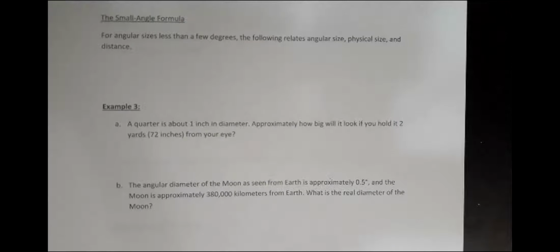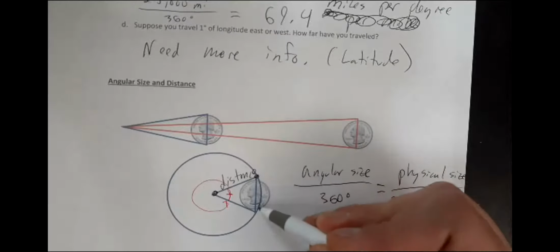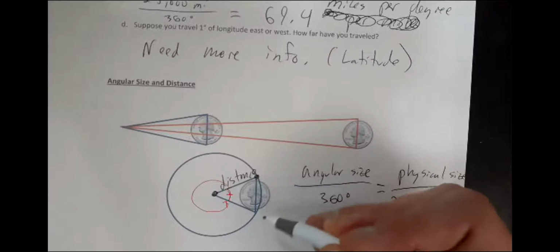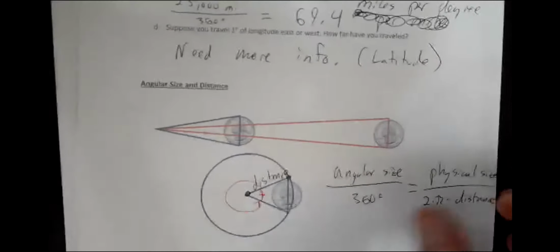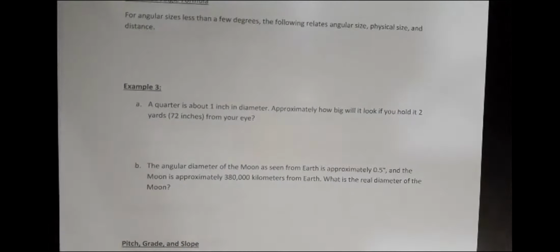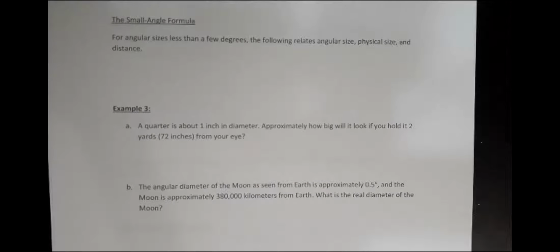You might have noticed when I was looking back, I was looking at actually the base of this triangle versus like the circle here. So there was some approximation going on there. So this is not an exact formula, but it approximates things pretty well. And that's why they make the stipulation you have to have angular sizes less than a few degrees for this thing to work.